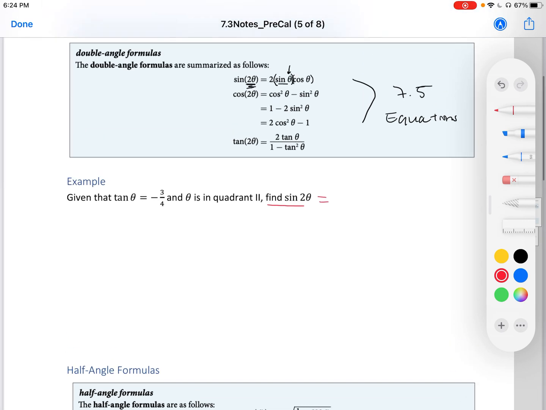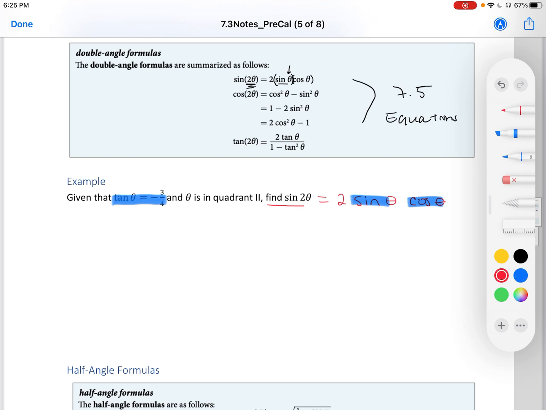The formula for sine 2 theta is 2 sine theta times cosine theta. So what we need is a value for sine theta and a value for cosine theta. I'm given tangent. That's not much help, but we can develop our ideas to fit what we need.